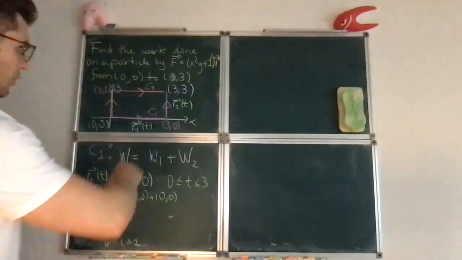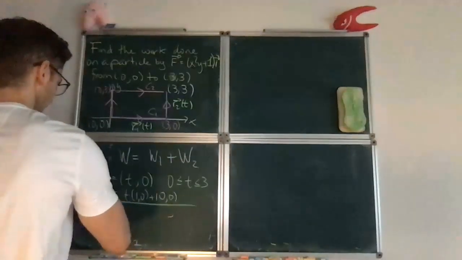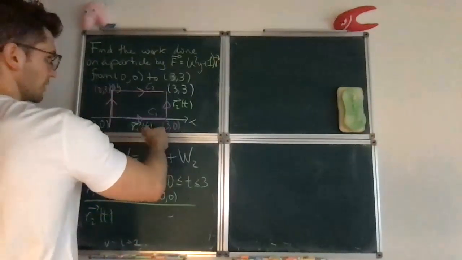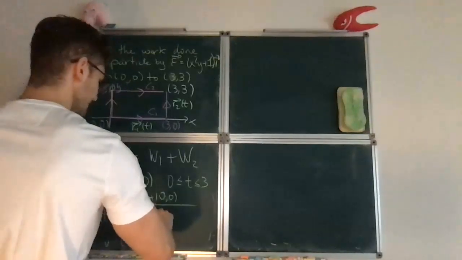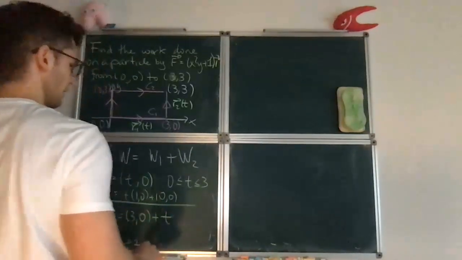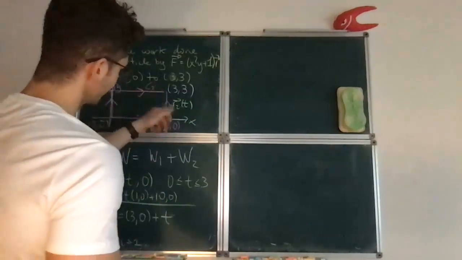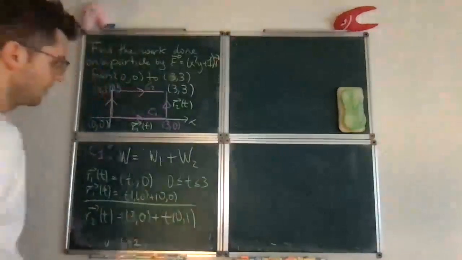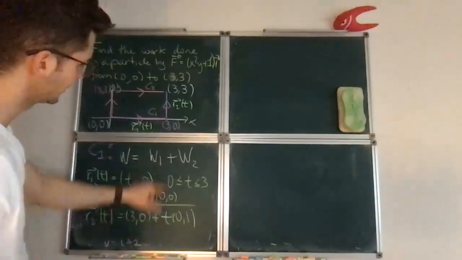Okay, and likewise, you can find an equation for the second path, which, if you start from this perspective, is a line going through (3, 0) plus t times a vector in this direction, which is j, which is (0, 1). And then you just have to figure out how long it takes you to go from here to here.